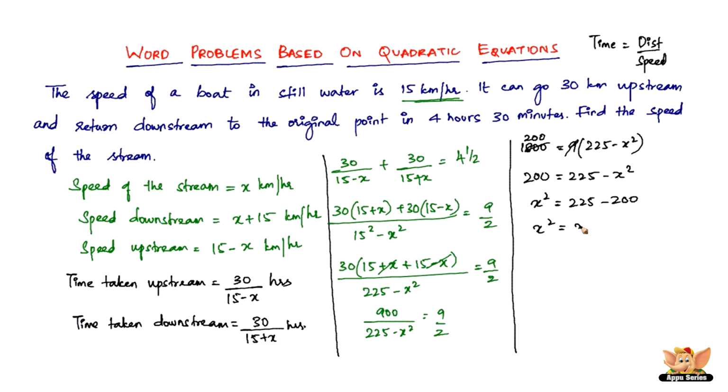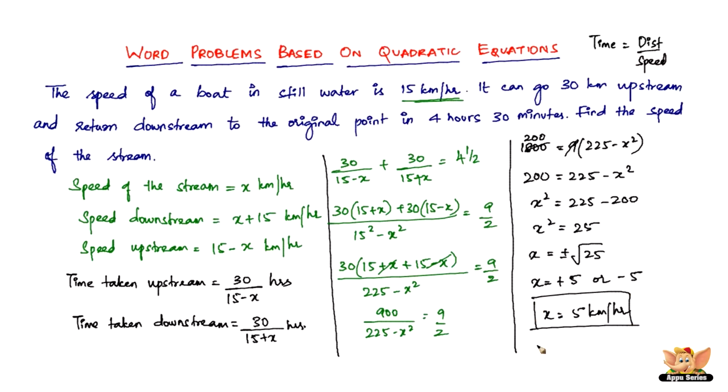So x squared equals 25, or x equals plus or minus root of 25, or x equals plus 5 or minus 5. The speed of the stream cannot be negative, so x equals 5, which is 5 kilometers per hour. So we found the speed of the stream to be 5 kilometers per hour, and that's what we have to find.